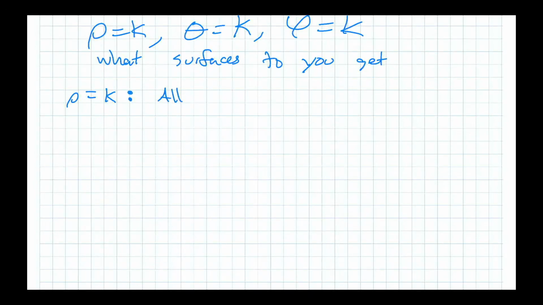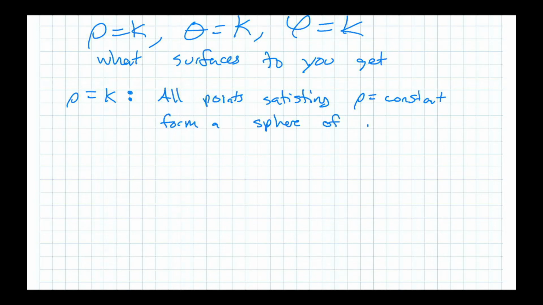So all points satisfying rho equals a constant k form a sphere of radius k. Okay, so I think that's pretty clear.